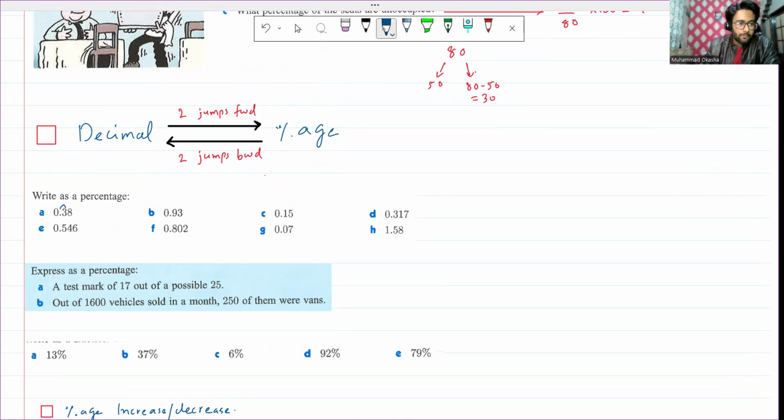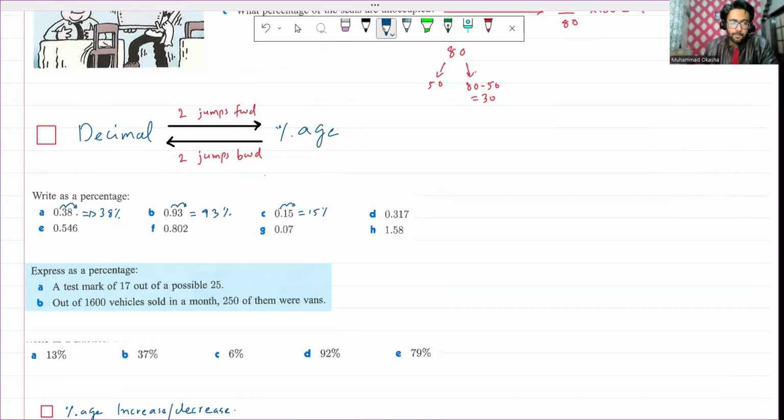So 1, 2, it's going to be 38.0%, or I'll just write it as 38%. Okay. Next we have 0.93. Give it 2 jumps forward. So that's going to be 93%. Okay, give it 2 jumps forward.